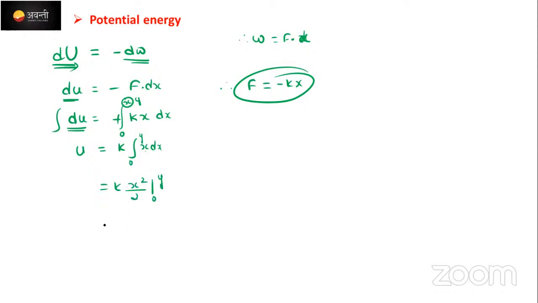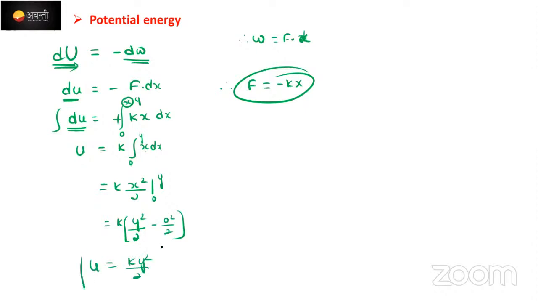Apply the limits. k into y: in the place of x you need to substitute y, then it will become y square by 2 for the upper limit, minus the lower limit. What is the lower limit? 0. Substitute 0 in the place of x. 0 by 2. Anything 0 by anything will be 0. No problem. The remaining point will be k y square by 2.